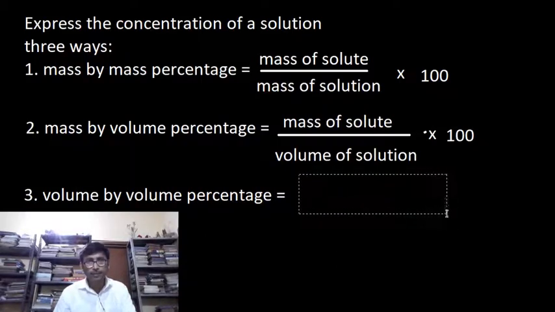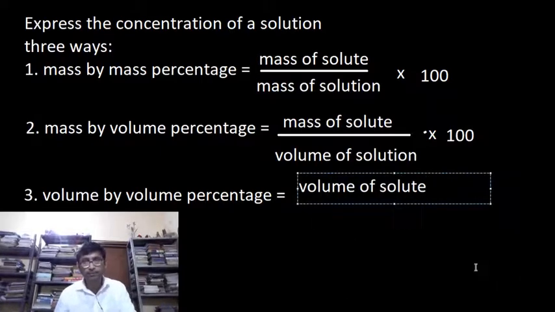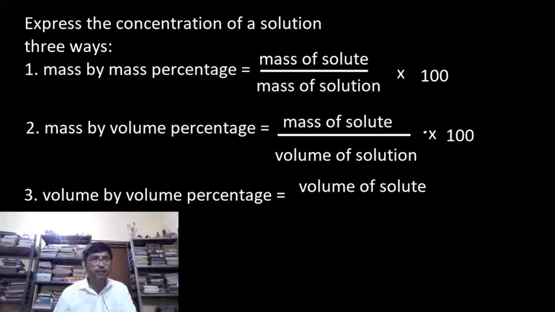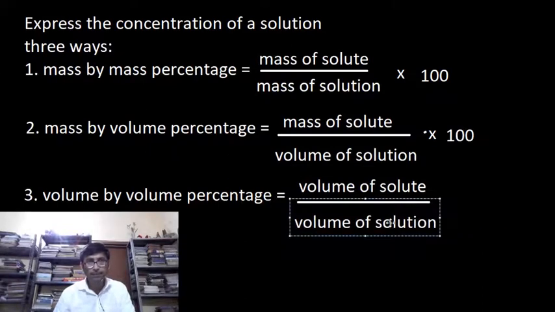The difference is only that in the numerator we will have volume of solute, and in the denominator again we are going to have volume of the solution. Okay, and again we are going to multiply this by 100. So that will give us the volume by volume percentage.